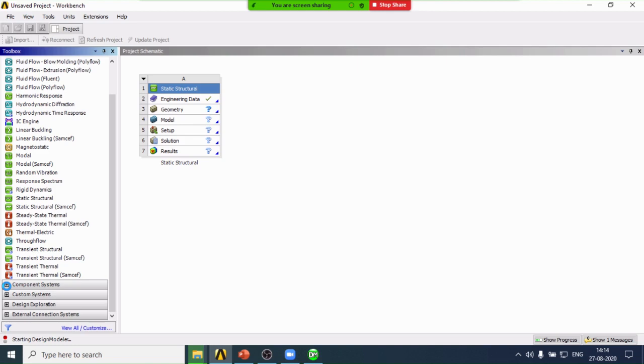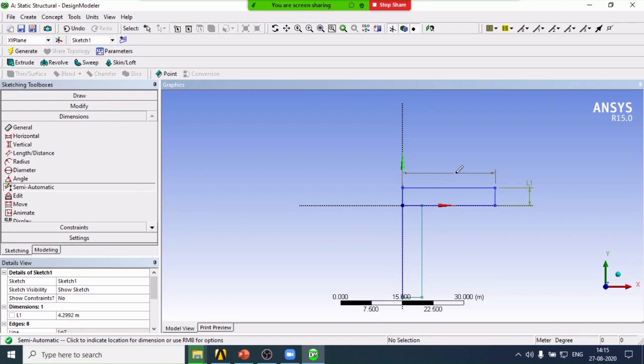Then I create another rectangle. Then I will give dimensions for it. This is one dimension, this is another dimension. Then I'll give one more dimension, that is a vertical dimension.